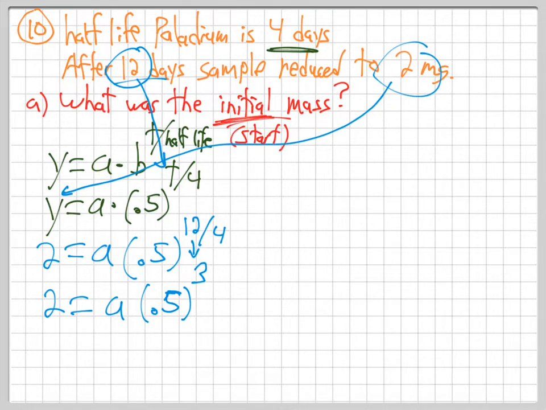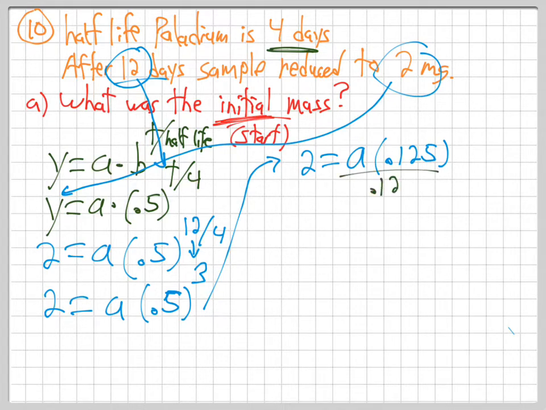Now use your calculator. I'll bring it up here. 0.5 to the third is 0.125 on your calculator. Then finish solving for A. Divided by 0.125. Maybe I should have just brought this down here.